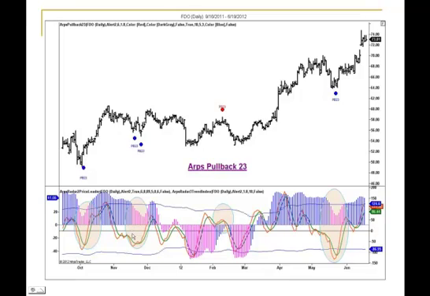You can see we had a kind of a double kiss here. Again, weak pullback, weak bullish trend, and the fast line crosses over the slow line for that first pullback 23 bar, comes back one more time, crosses the slow line again for the second pullback 23.